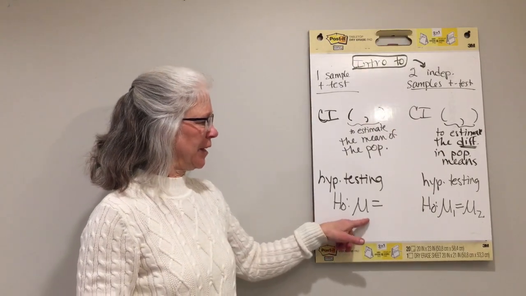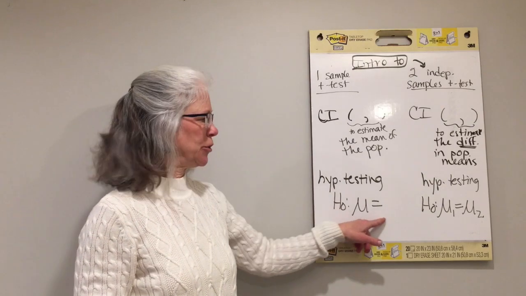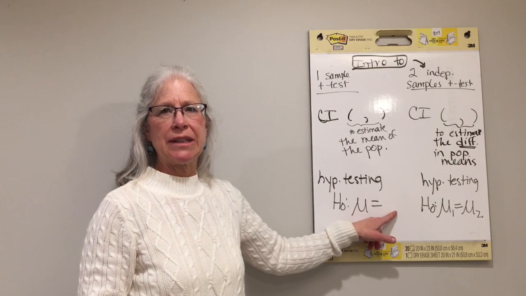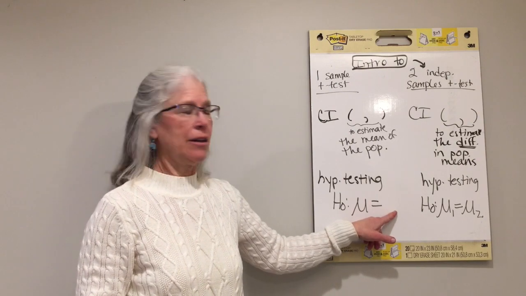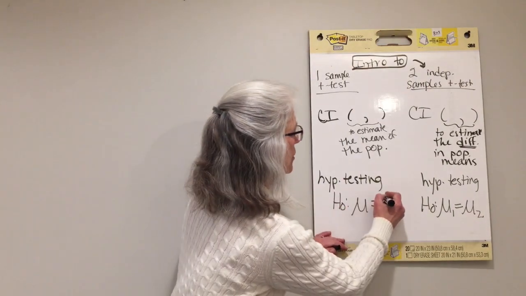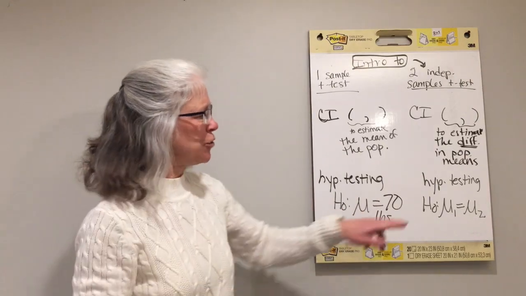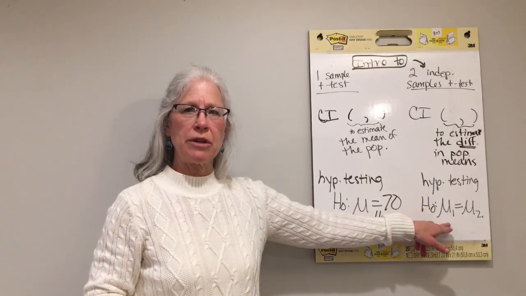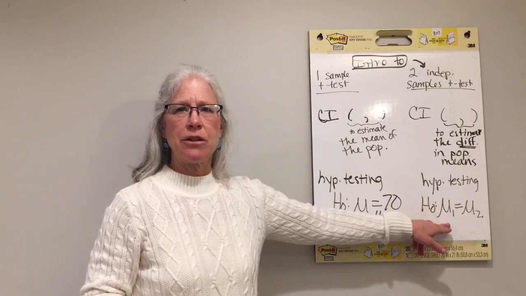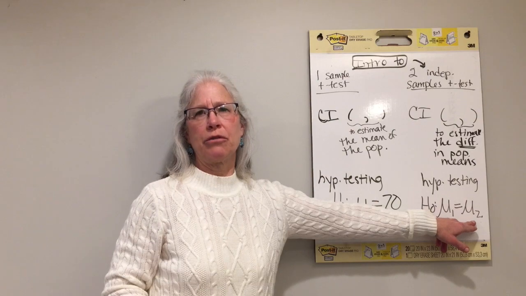Hypothesis testing, when we have one sample, we make a claim that our mean is equal to some number. So like the mean weight of German Shepherds is 70 pounds. When we have two samples, German Shepherds and Golden Retrievers, then our null hypothesis is that there's no difference on average. So on average, German Shepherds weigh exactly the same as Golden Retrievers.